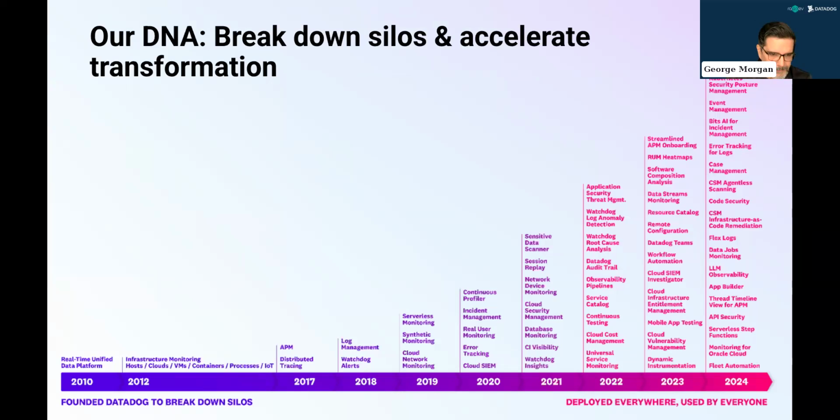And as you can see, we started in 2010, but one thing that has remained consistent from our inception to the present day is this idea of a unified data platform, having everything at your fingertips, all within the same sheet of music, so that you don't have to context switch to different monitoring products to get different details, and basically reducing mean time to detection and mean time to resolution. Over time, we started with infrastructure monitoring in 2010 and 2012, and then moved into APM, application performance monitoring, and log management.